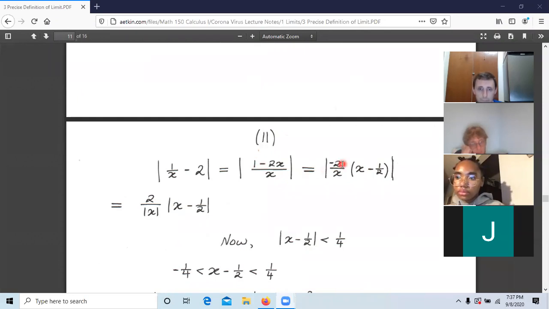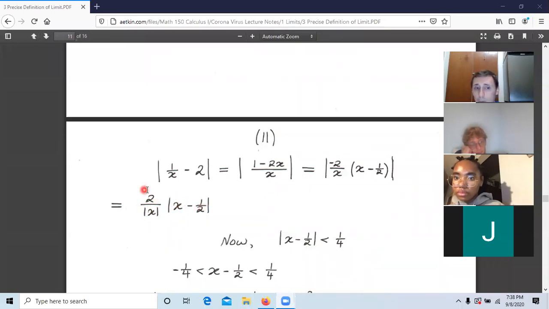When I factor this minus 2, you see that I get x times minus 1/2. If I factor the minus 2 from x, I get x. And if I factor it from 1, I need to multiply minus 2 times minus 1/2 to get plus 1. So I get this expression: minus 2 over x, all in absolute value. And then I take the absolute value of 2 divided by x times x minus 1/2.